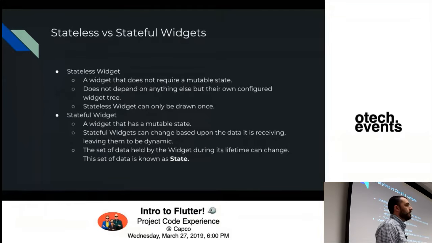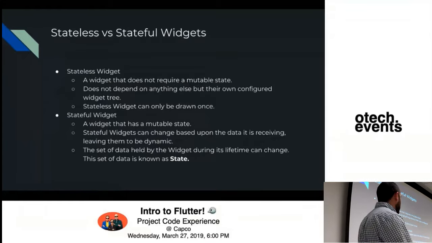So if you know the widget tree is not going to change within that stateless widget you're building out, you stick with the stateless widget. But if you know that somehow the state of the widget is going to change, you would extend the stateful widget.